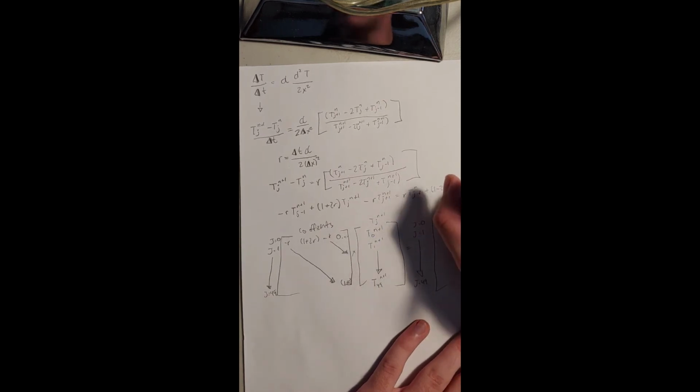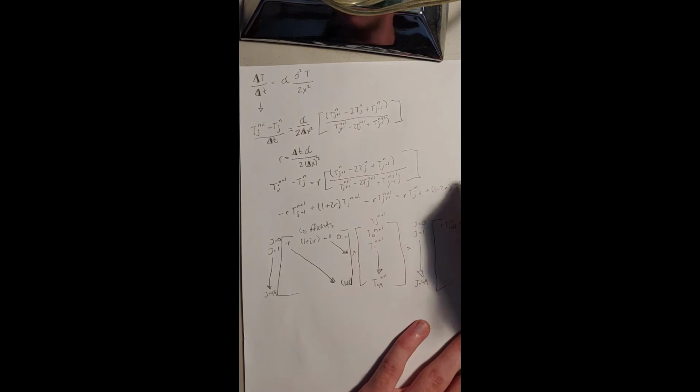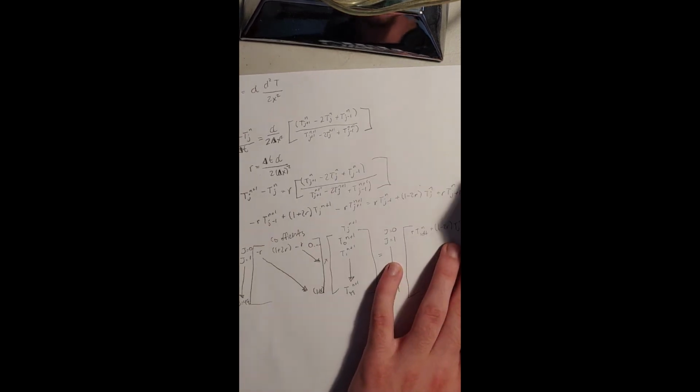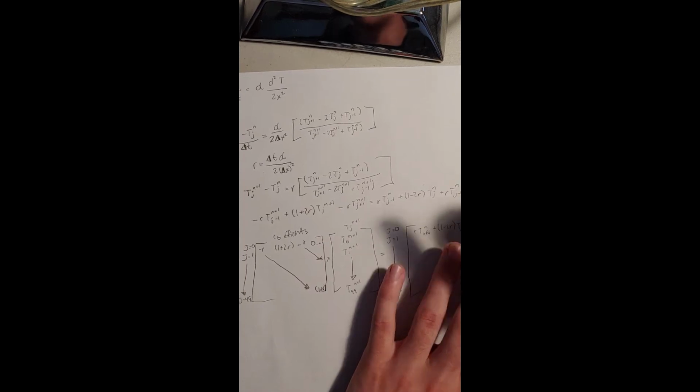And then we get r times T left boundary to the n plus 1 minus 2r T_j^n plus T_(j+1)^n plus r T left boundary to the n.